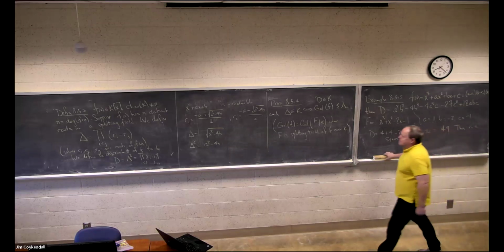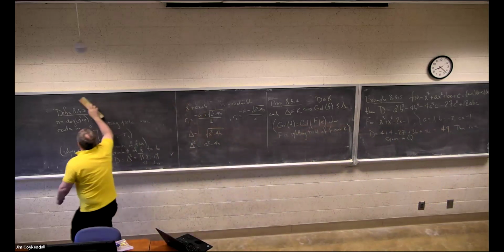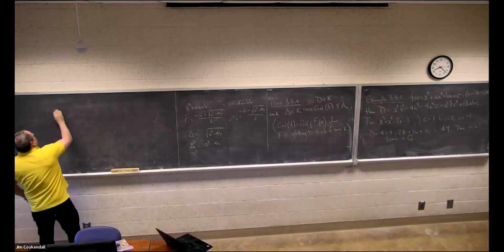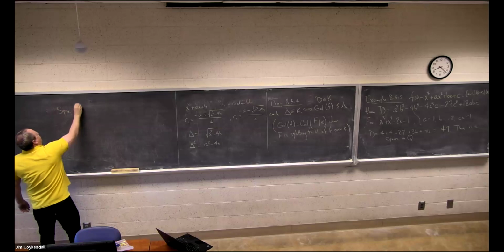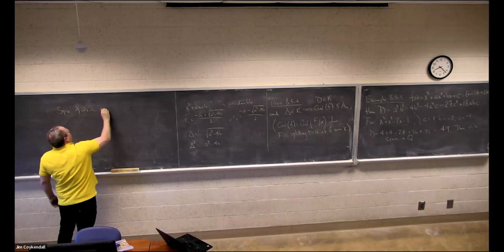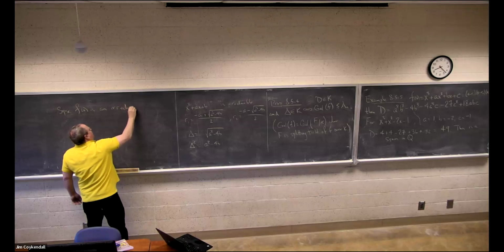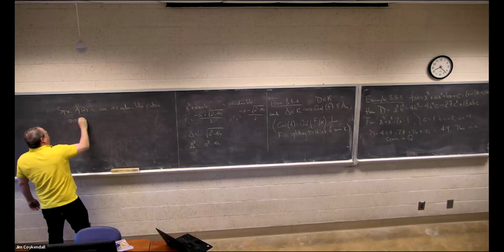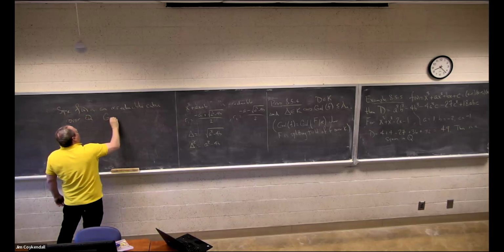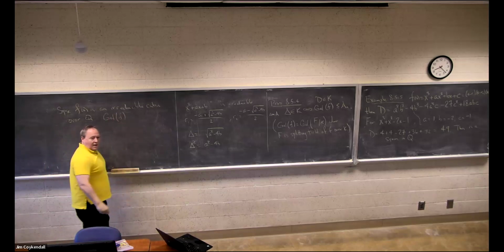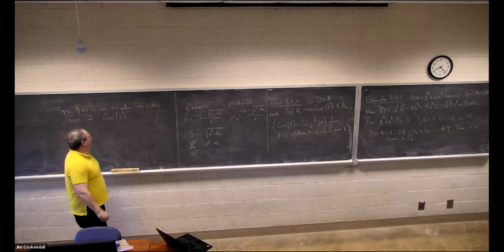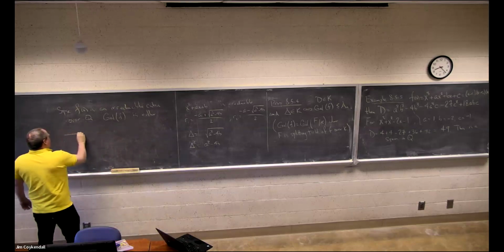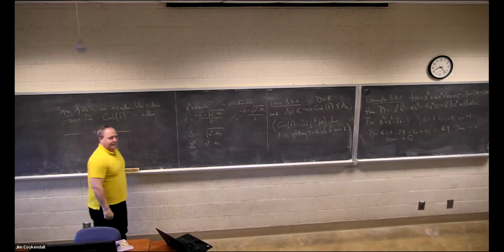So if I have a cubic that's irreducible, suppose f of x is an irreducible cubic, let's say over Q, then the Galois group of F, and remember that's the Galois group of the splitting field, is either C3 or S3.